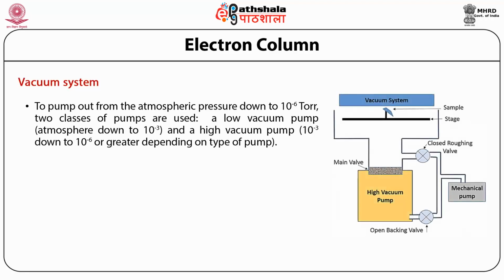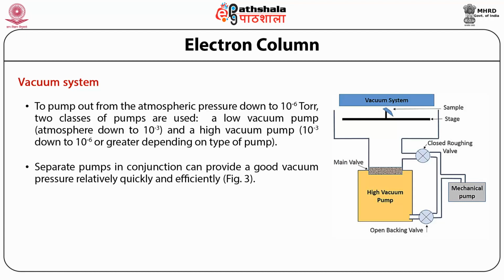To pump out from atmospheric pressure down to 10 to the minus 6 torr, two classes of pumps are used: a low vacuum pump, from atmosphere down to 10 to the minus 3 torr, and a high vacuum pump that can go from 10 to the minus 3 down to 10 to the minus 6 or greater, depending on the type of pump.